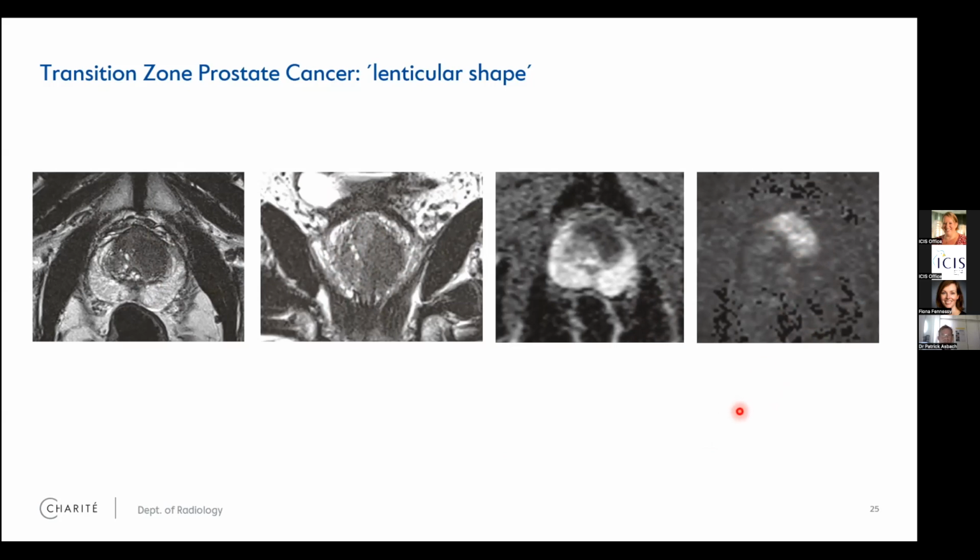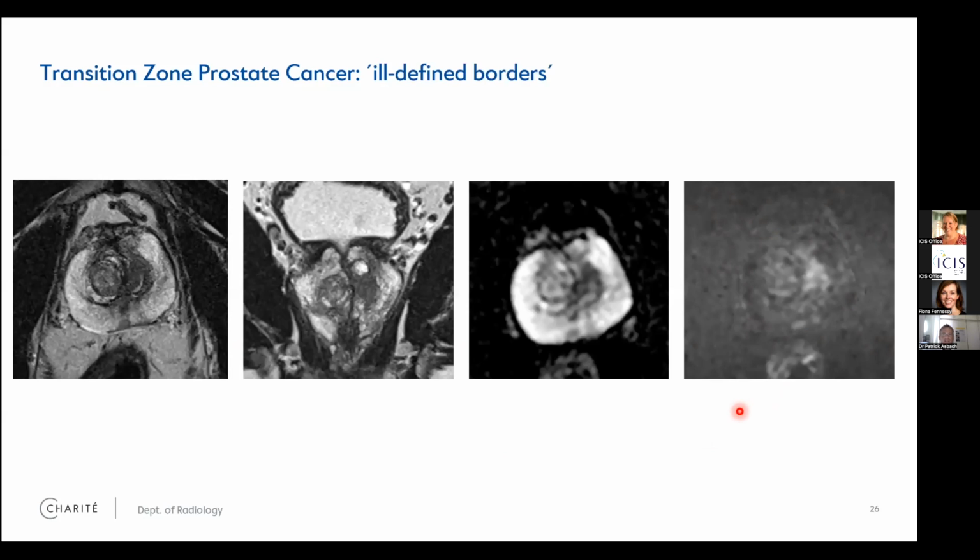But it's not always that easy, and that is why I put this case into the talk. One important finding in the transition zone is ill-defined borders. So again, this is an axial T2 and a coronal T2, and this patient has a much smaller transition zone prostate cancer, which is located on the left.